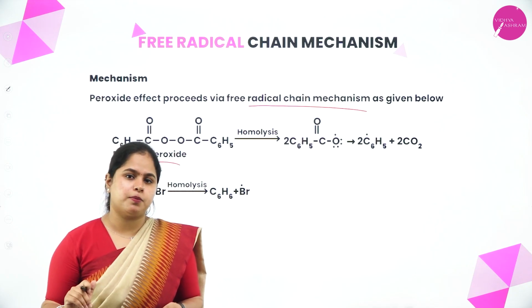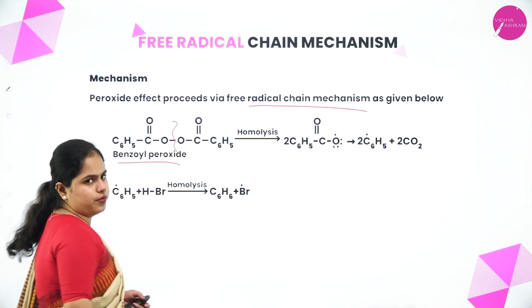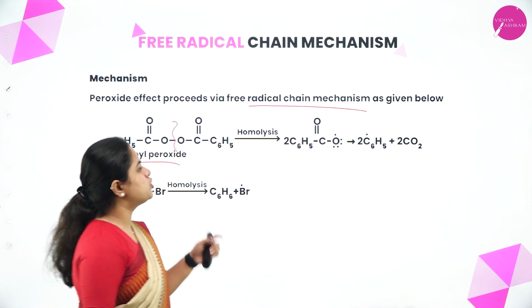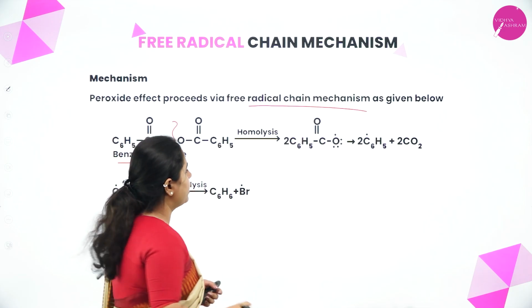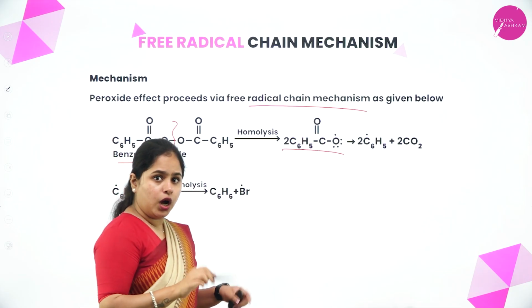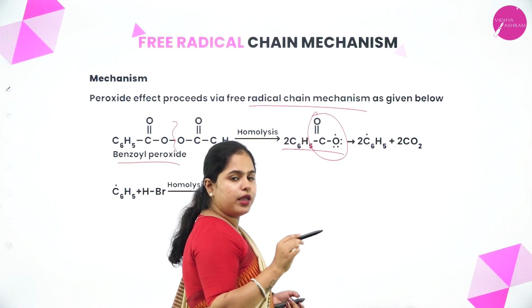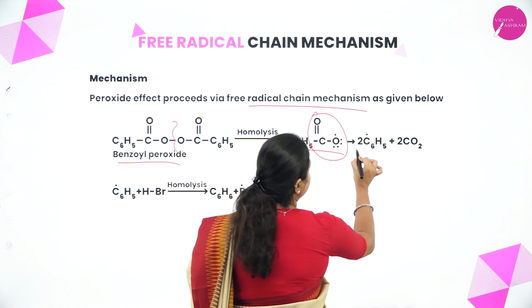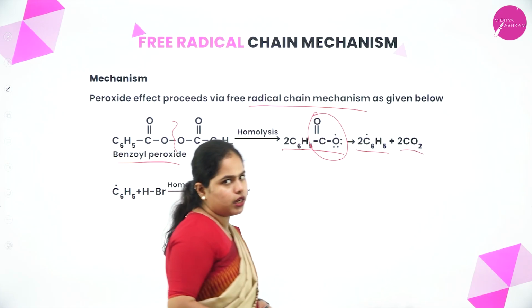When homolysis takes place, free radicals are formed, right? This will break, and you will get two molecules of C6H5, C double bond O, O radical. Then carbon dioxide will be removed, and you are going to obtain two molecules of C6H5 radical, with carbon dioxide removed.